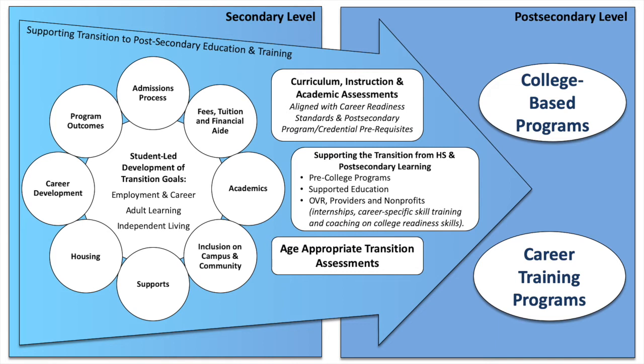We also need to consider supports for career readiness, academic success, and supports for accommodations and modifications, as well as emotional and social well-being. Equally important are factors such as program outcomes and how they relate to a student's career goals, as well as factors such as options for housing and supports for inclusion within the campus and community that would align with their goals for independent living and community engagement.